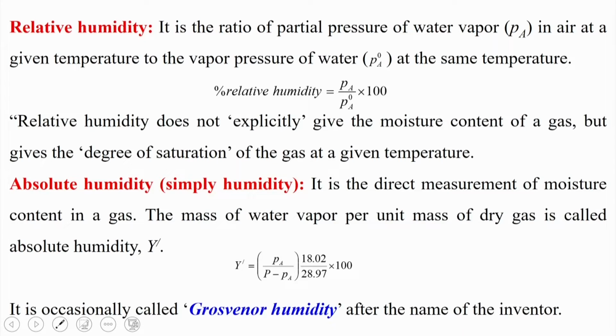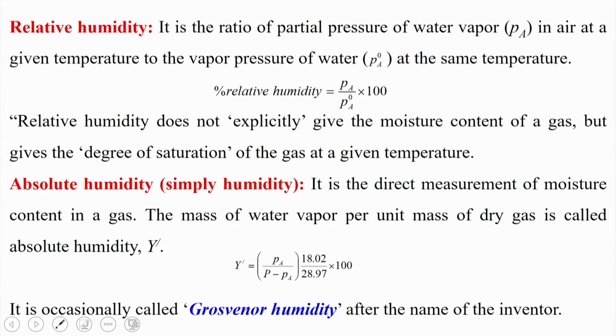From here we can understand how much water vapor is there per unit mass of the dry gas. It is also called Grosvenor humidity, because the scientist Grosvenor first used this term, absolute humidity.